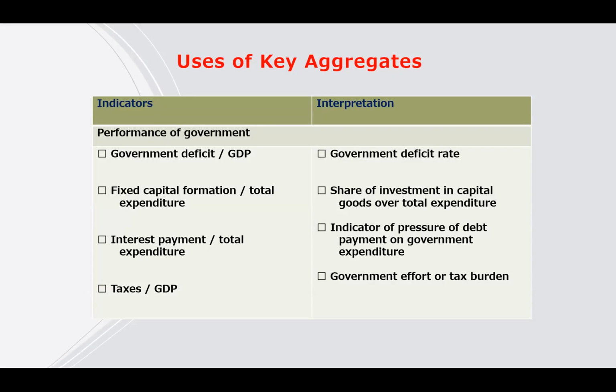And these are the indicators that show the performance of the government deficit, can be used for government deficit rate, share of investment in capital goods over total expenditure, indicator of pressure of debt payment on government expenditure, and government effort or tax burden.